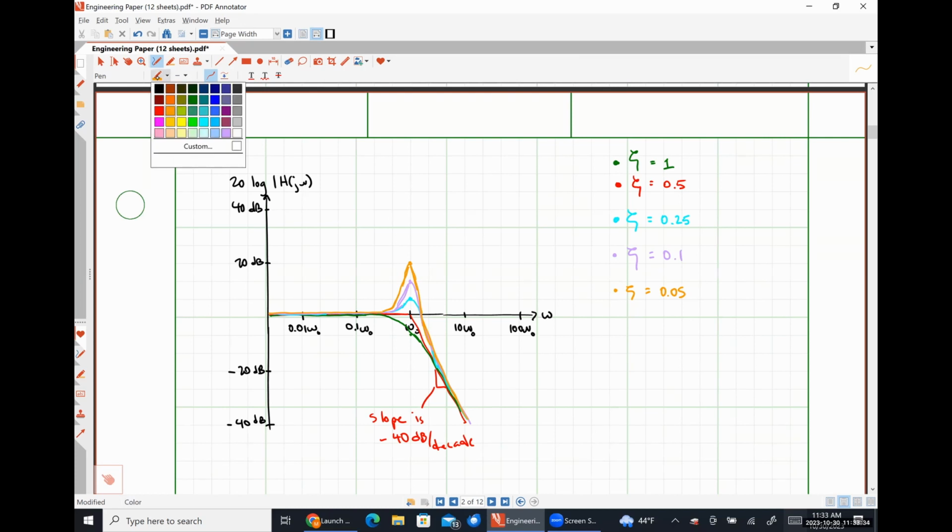And let's see what color. I can do blue. For zeta is equal to 0.01, that was at about 33. So that would be somewhere about here.